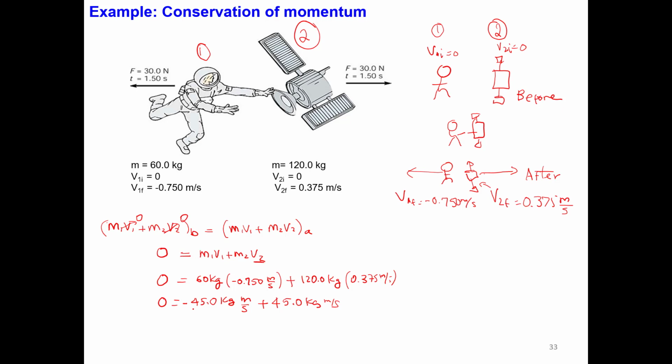We had negative 45 kilograms meters per second, plus 45 kilograms meters per second, and we know this equals 0. And we can see we can apply the conservation of momentum in this situation.